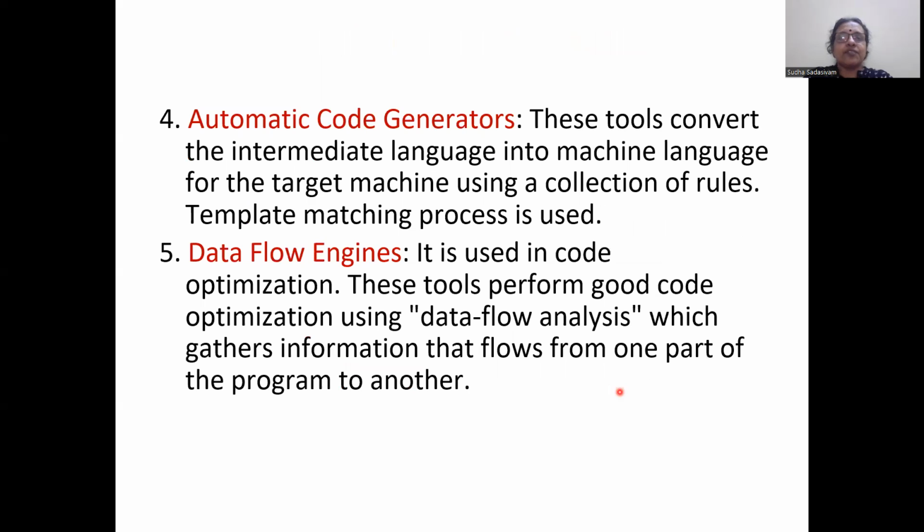The fourth type of tool is the automatic code generator, which is used to generate the code from the intermediate code. A template matching process for the type of machine is followed here. The last type of tool is the code optimization tool, which is called data flow engines. It makes use of data flow analysis graphs to optimize the code and to generate an optimized code.